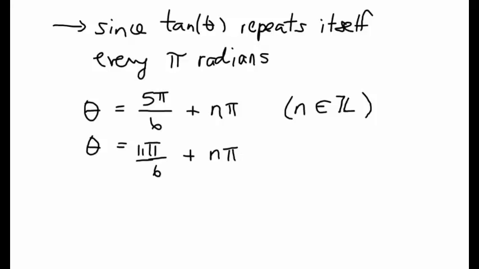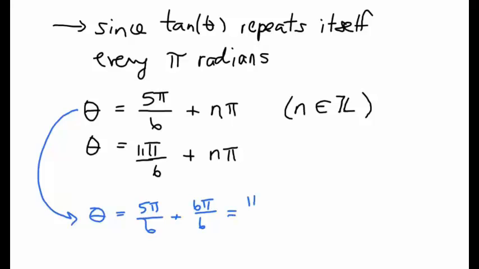But we run into a little bit of a problem here. What happens when n is equal to 1? Well, if n is equal to 1, this value of theta becomes 5 pi by 6 plus 6 pi by 6, which is equal to 11 pi by 6. And that's exactly this second solution we get here when n is equal to 0.